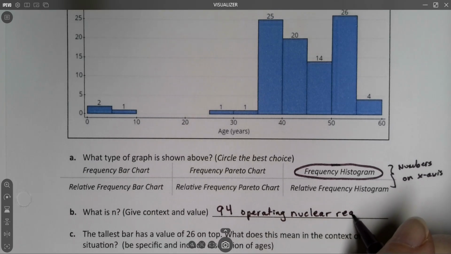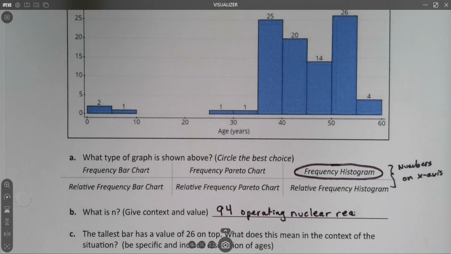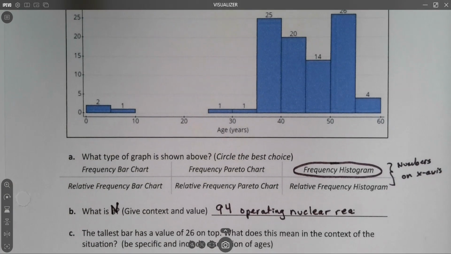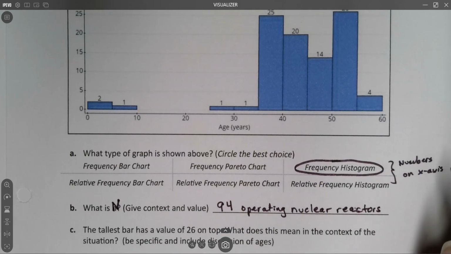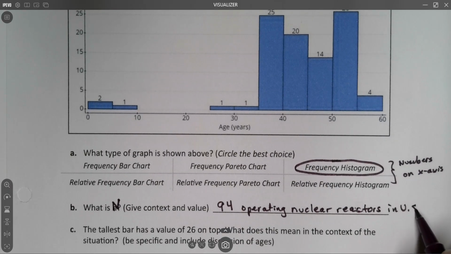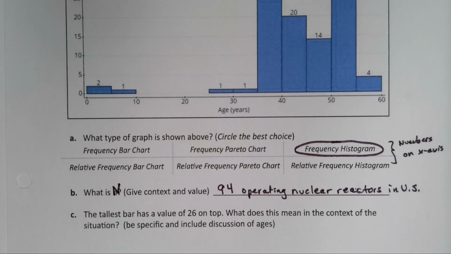Oh, and actually this is a typo, I would say. I don't think this is lowercase n. I think this is capital N, because this is a population. This is all there is in the US. If you want to think of the US as a sample of all the countries, that's a different story. But I would argue this is capital N. This is a population, right?